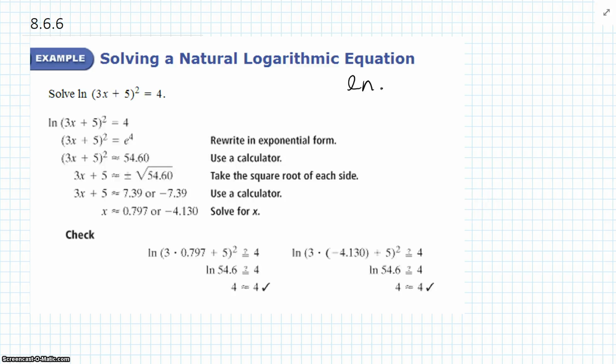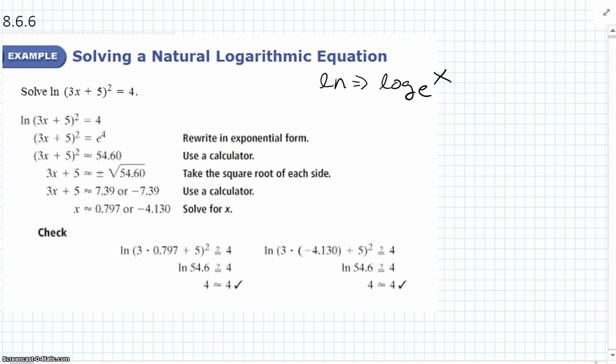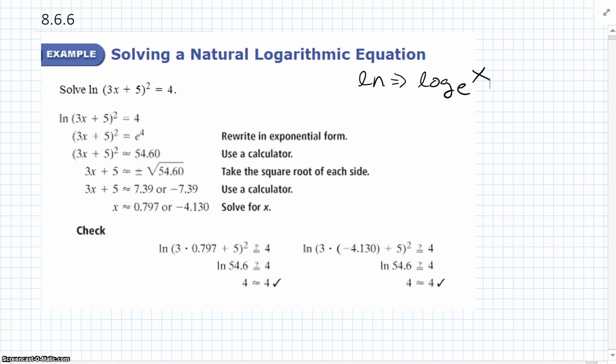The natural log is the same thing as saying the log base e. So with that being said, we could rewrite every equation. If I had natural log of x equals y, I could rewrite this as x equals e to the y.